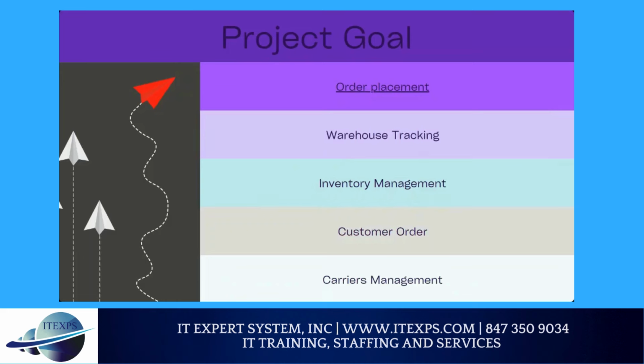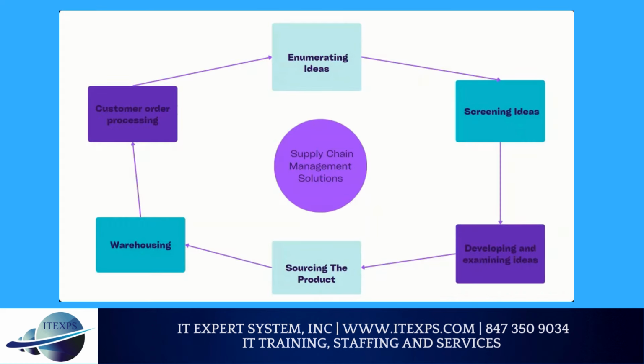Our goal is to provide a comprehensive overview that covers not only current issues, but also paves the way for a more resilient and agile supply chain. Now, we created the context diagram, which includes all the ideas, screening ideas, developing and emerging, sourcing, warehousing, and customer order processing.